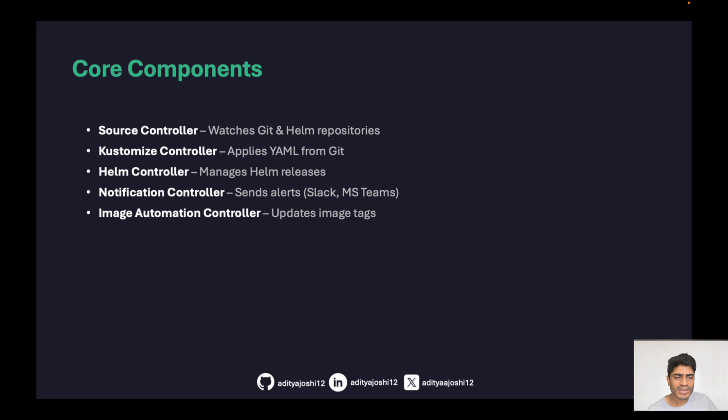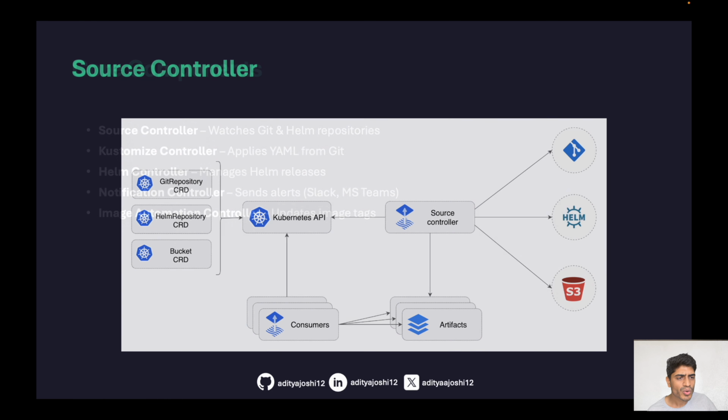So now let's talk about the source controller. I think we have already talked about the source controller, but I'll talk about it one more time. We can define all of the resources that we want to track with the help of CRDs, and the GitRepository CRD is the CRD using which we can define the Git repository that we want to track, right?